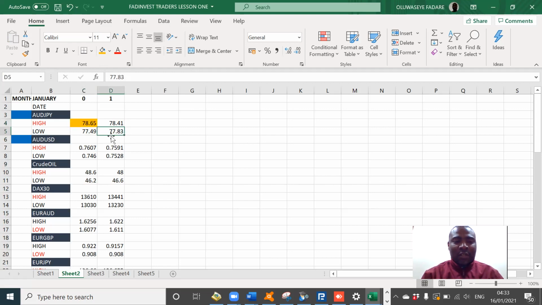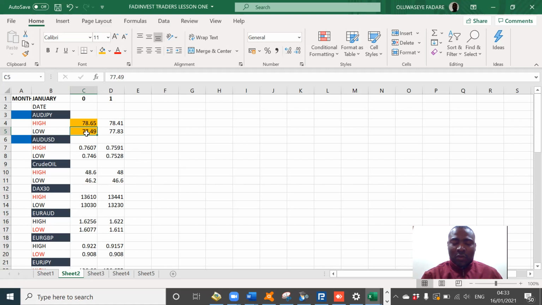So let's check. You can see this one here, we have 77.83, and here we have 77.49. Which means this one is lower. So in this instance, we can decide now to do what? We can decide to forget about one and use these two data as our highest and our lowest.